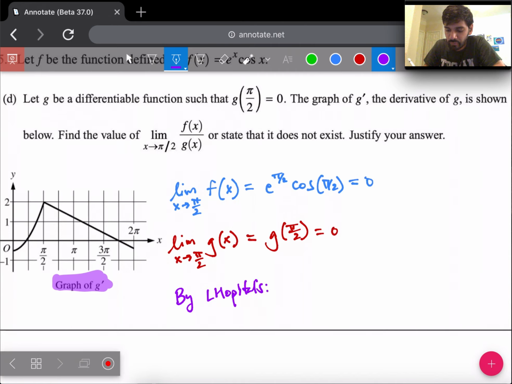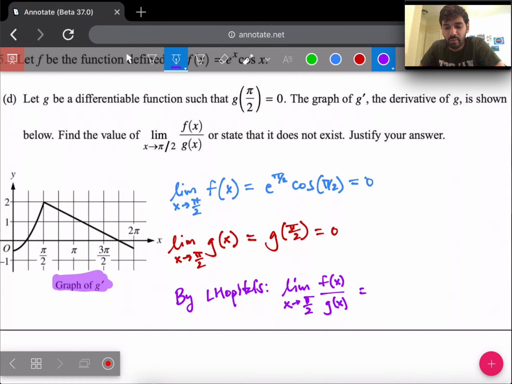By L'Hopital's rule, now you can start that process of taking the derivative. So we're going to put f of x over g of x. Don't just jump straight to the derivatives. Make sure you write the original limit first because you're showing that you know that L'Hopital's rule means that the original functions, numerator and denominator, that limit is equal to the same limit of the derivatives in the numerator and denominator.